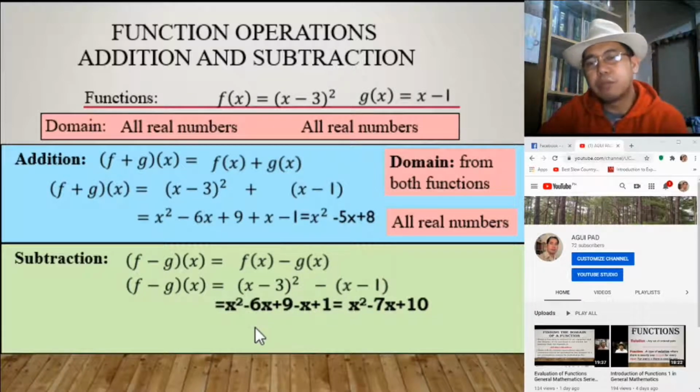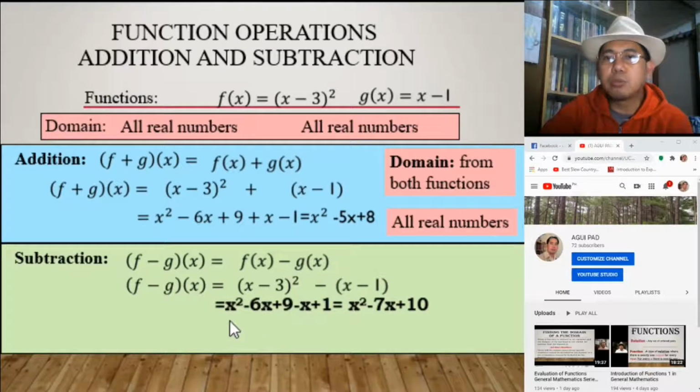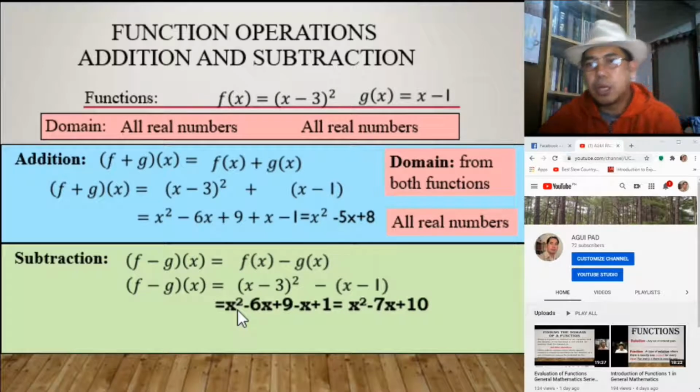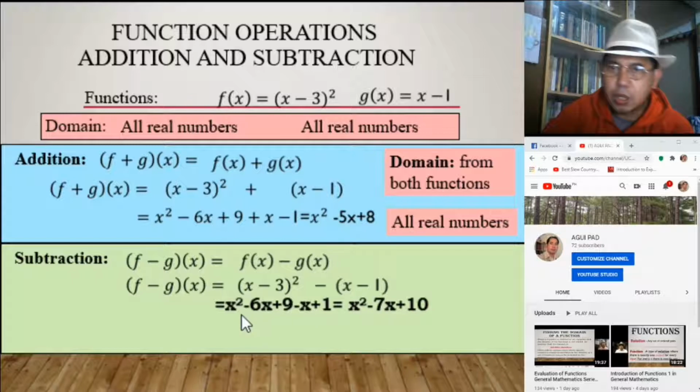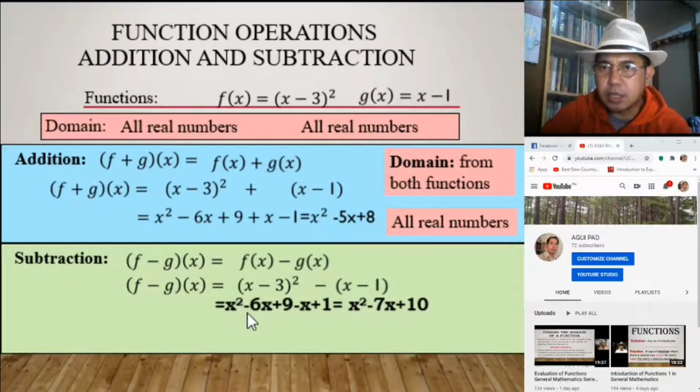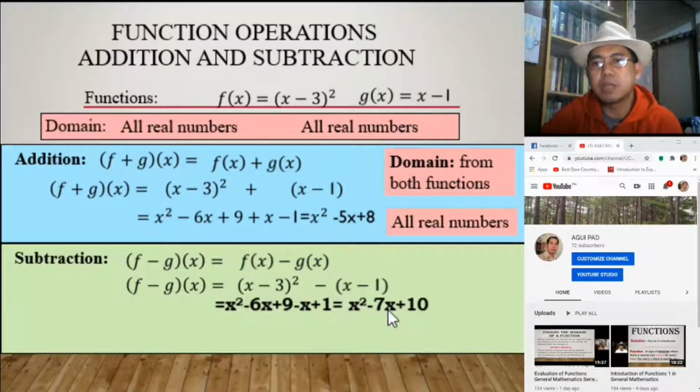So what is the final answer? The final answer would be the combination of similar terms. Is there a companion of x raised to 2? There is none, so we just copy x raised to 2. How about negative 6x and negative x? We combine them, so it will give you negative 7x.